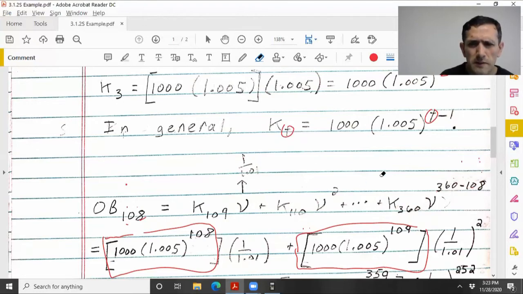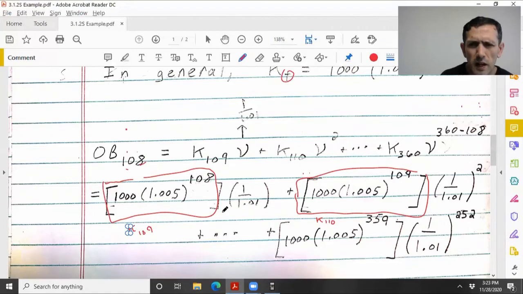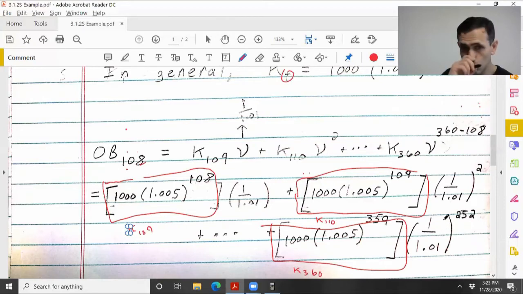So this is K109 times nu, K110 times nu squared, all the way to K360 times nu to the 252, since 360 minus 108 is 252.